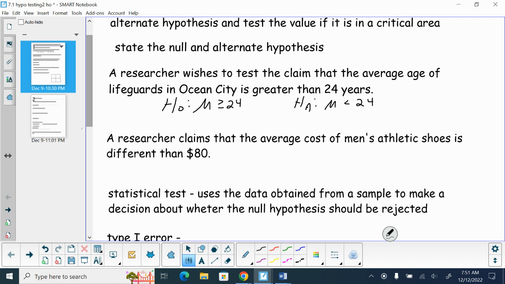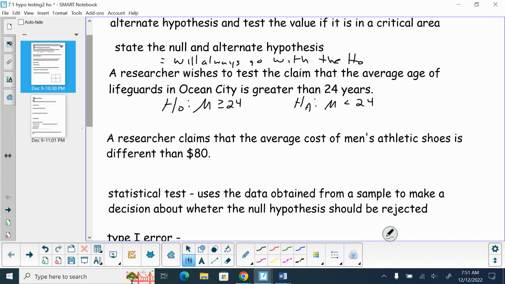Once again, when we're talking about null and alternate hypothesis, equality will always go with the null hypothesis. That's something to always remember.